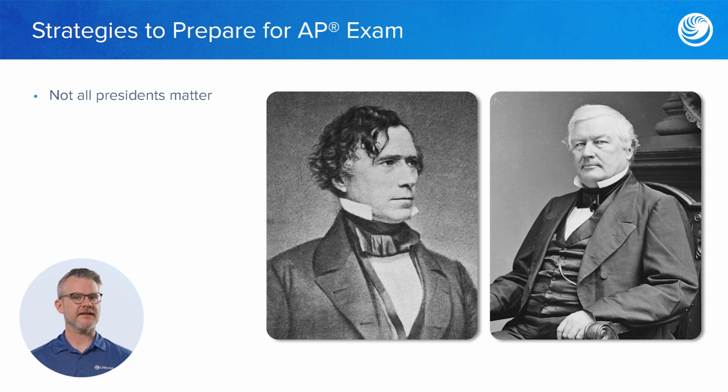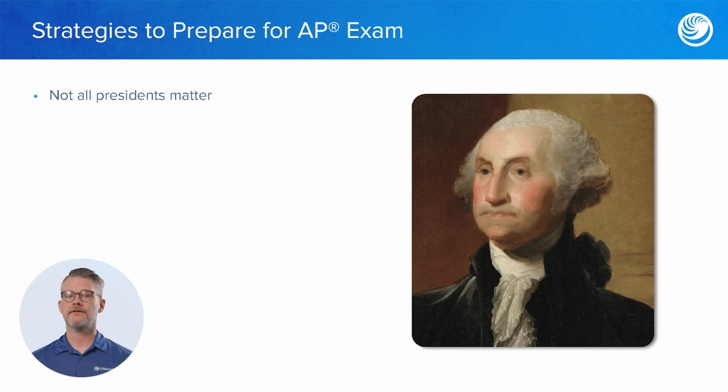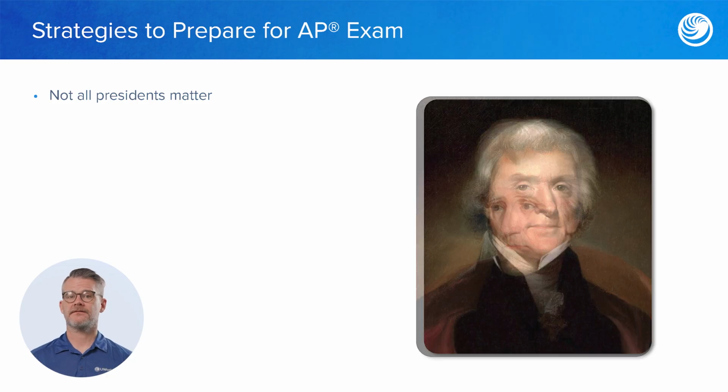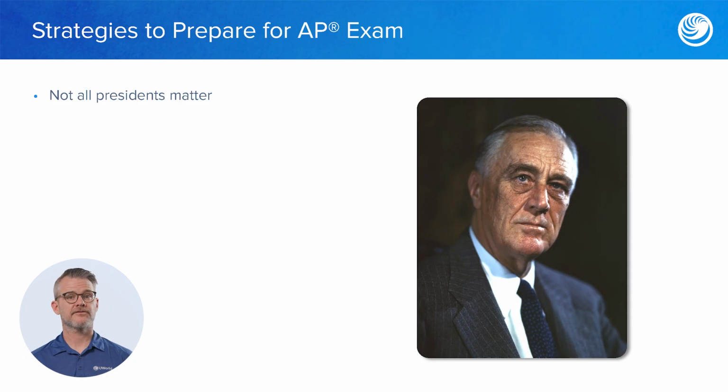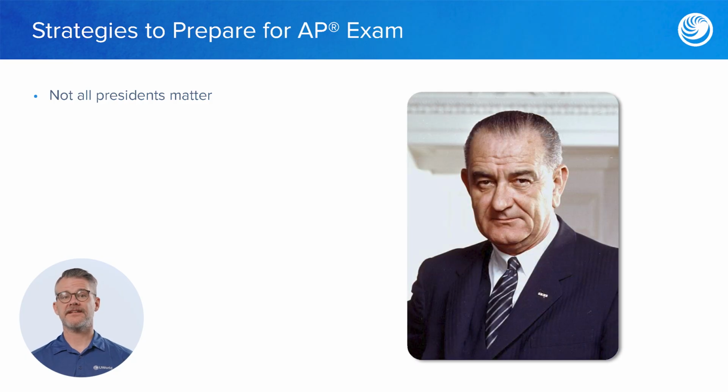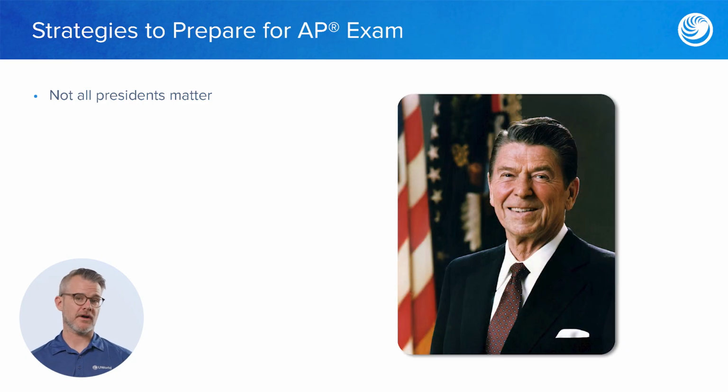And what about presidents? With all due respect to Millard Fillmore and Franklin Pierce, not all presidents matter. In fact, the course and exam description, CED, only explicitly mentions 7 by name: George Washington, Thomas Jefferson, Andrew Jackson, Abraham Lincoln, Franklin D. Roosevelt, Lyndon B. Johnson, and finally, Ronald Reagan.